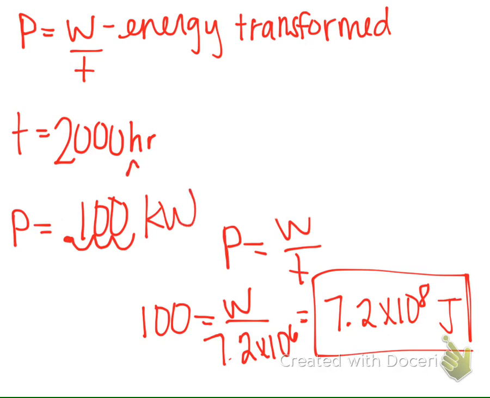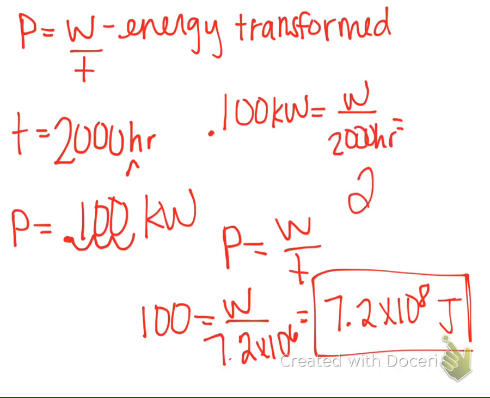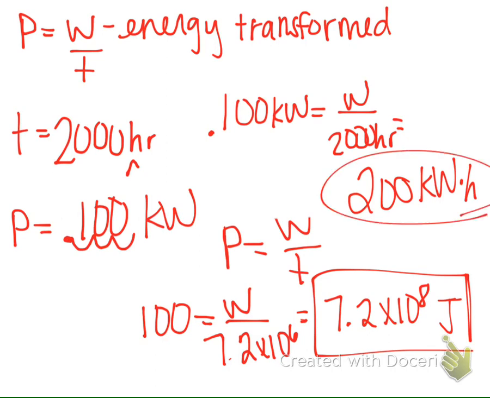Together, if I want kilowatt times hours, I'm going to multiply it just like I did down here and solve for work in kilowatt hours. Exactly, so we'll take 0.1 kilowatts equals work over 2,000 hours. And that gives me 200 kilowatt hours.